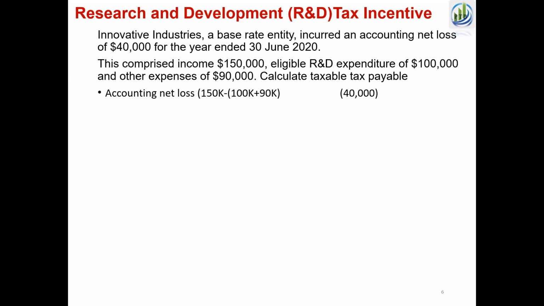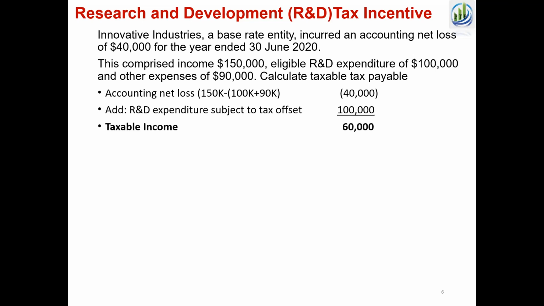Then to calculate the R&D offset, step one, you add back your R&D expenditure subject to offset, which is $100,000. So how much is your taxable income now? 60,000. For this 60,000, assume a base rate entity at 27%, the tax is 16,500.